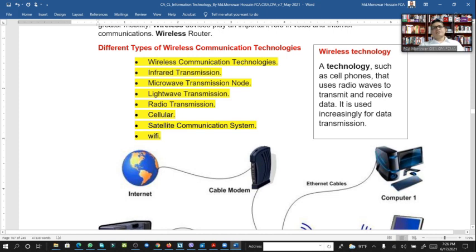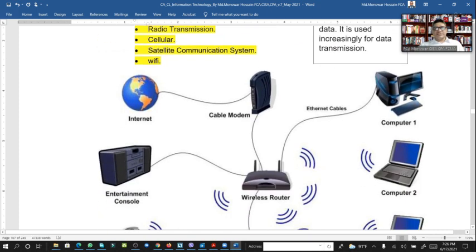These are different types of wireless communication technologies. If your exam comes here with 3 or 4, 5 items, find out which is not a wireless technology, what is not within this category. That would be your answer.